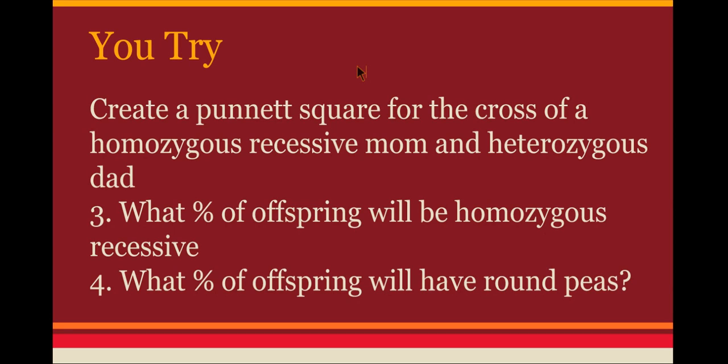Now, number 4, what percent of the offspring will have round peas? Good. So hopefully you were able to get that you have 50% of your offspring are going to be heterozygous, meaning that because they have at least one of the dominant traits, their phenotype, which is what question 4 is asking you about, is going to be round.